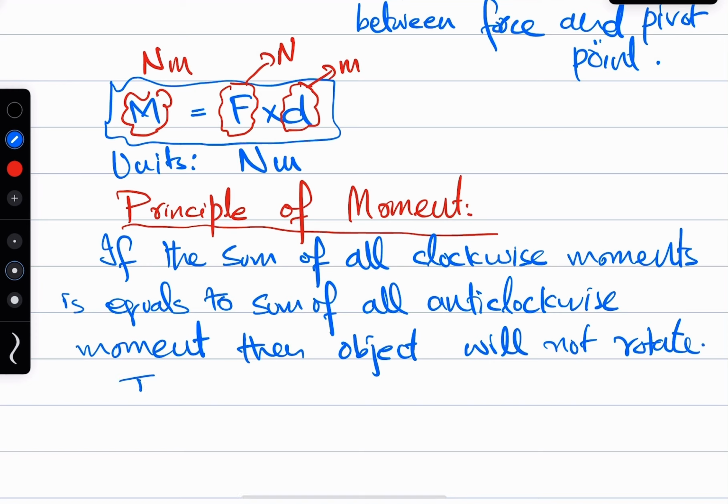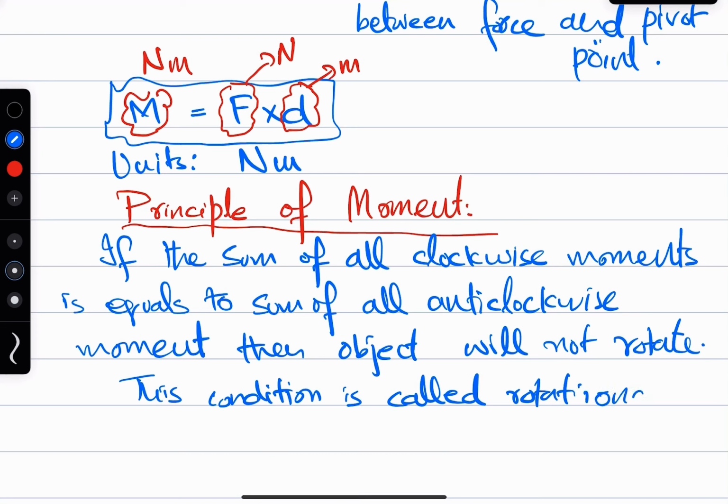This condition is called rotational equilibrium. It means the object will not rotate in any direction.